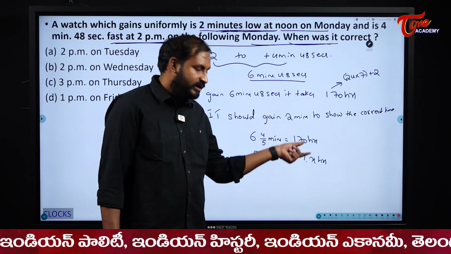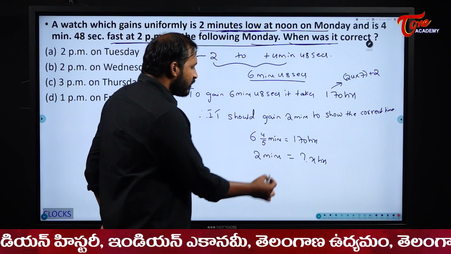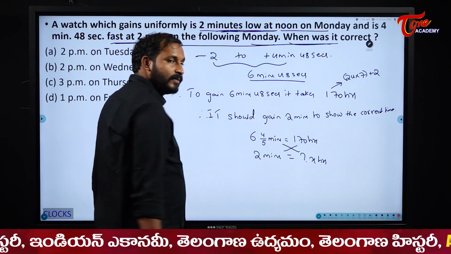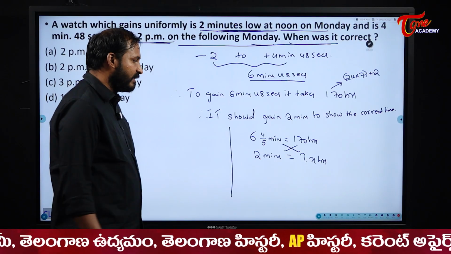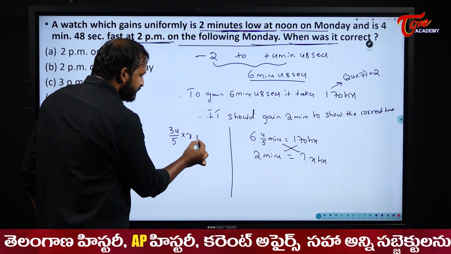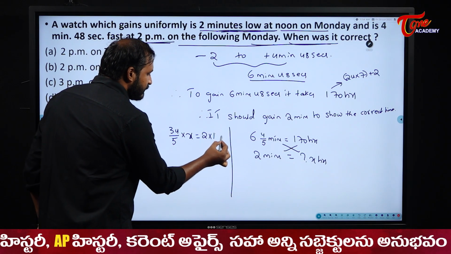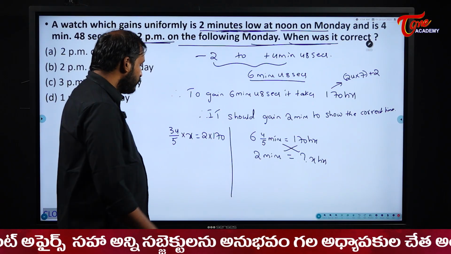So now cross multiply it. What happens? 6 4/5 will become 34/5. So 34/5 into x is equal to 2 into 170.